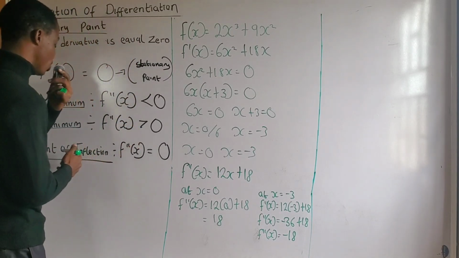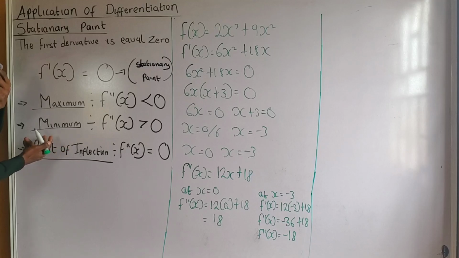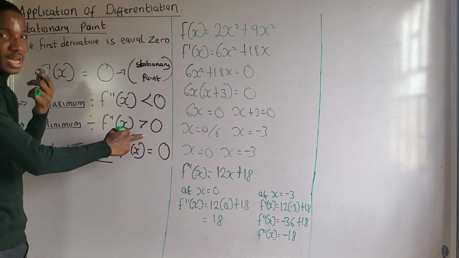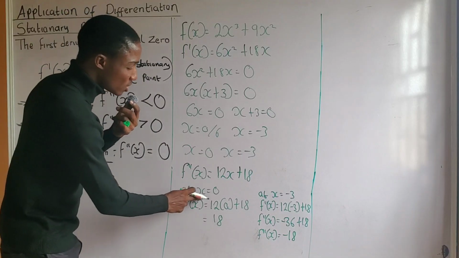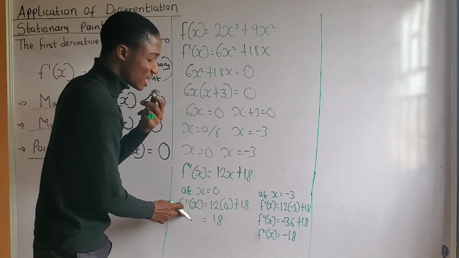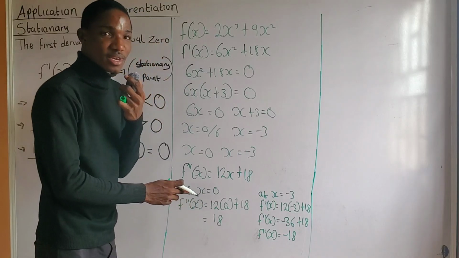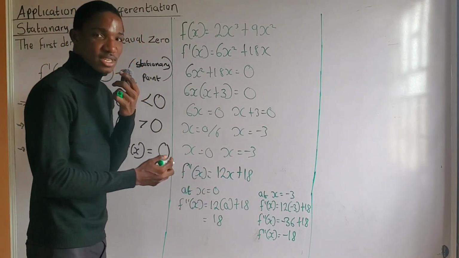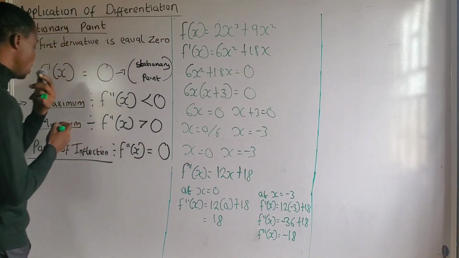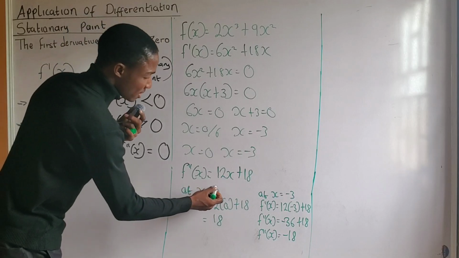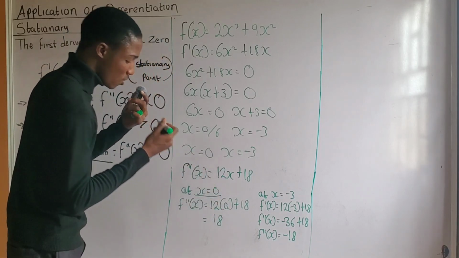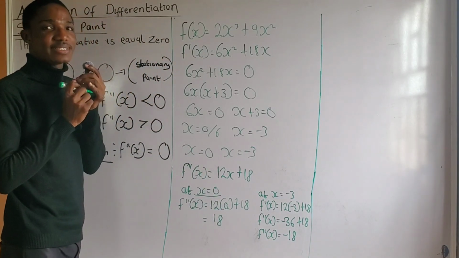And don't forget the condition: the stationary point is a minimum when the second derivative is greater than 0. When I substitute the value of x as 0 into the second derivative, I obtain 18, and 18 is greater than 0. That means at x equals 0, that point is a minimum.